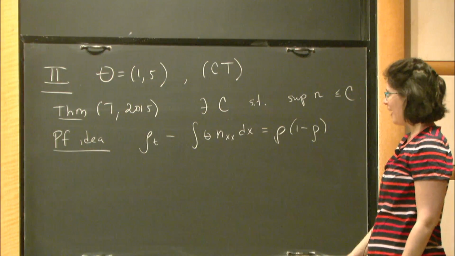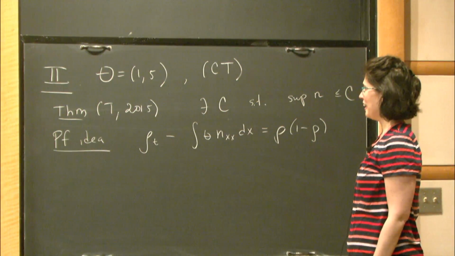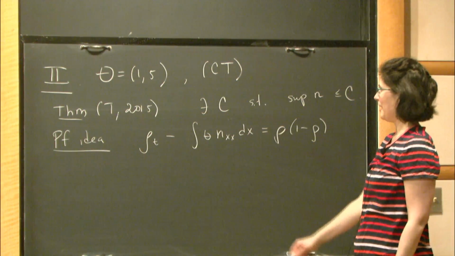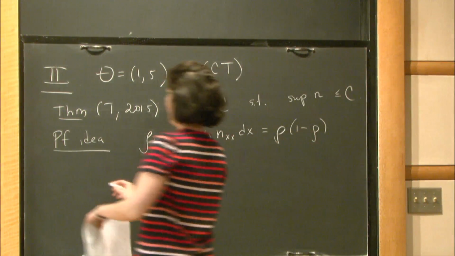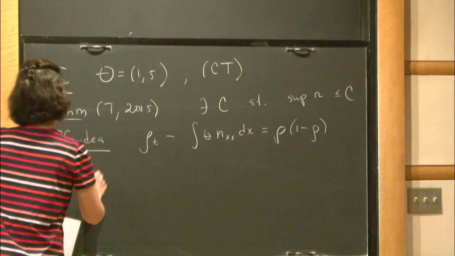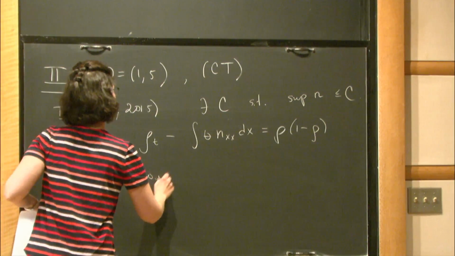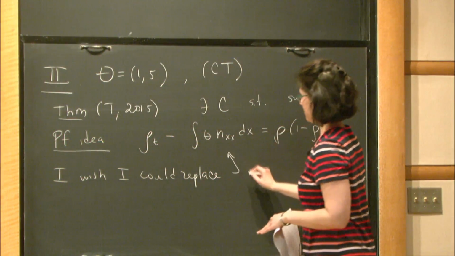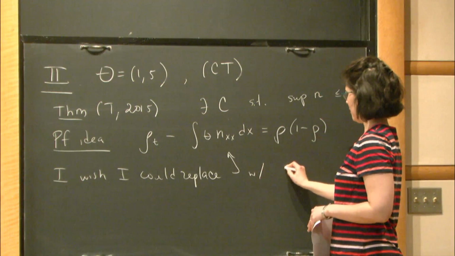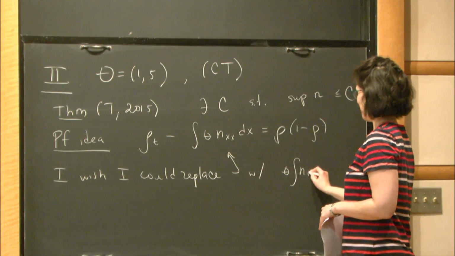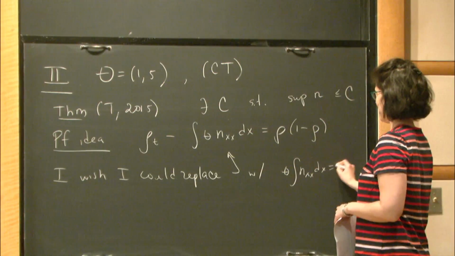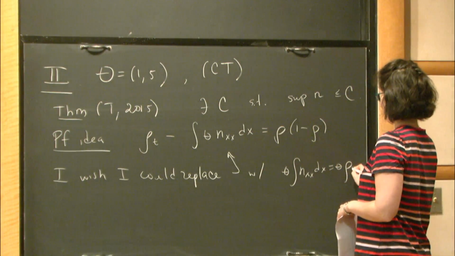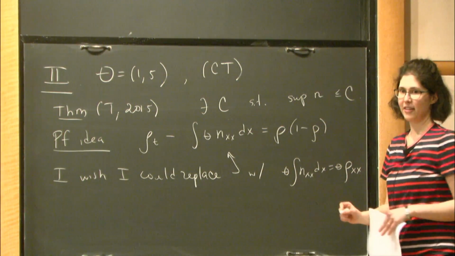Okay, so I wish I were a calculus student and I could replace this term with just theta times the integral of n xx dx, because that would be theta rho xx, right?